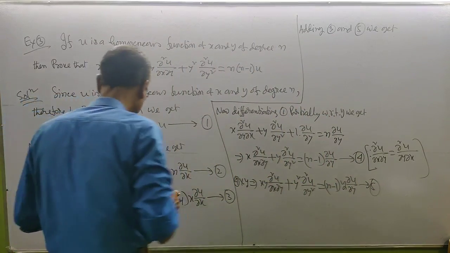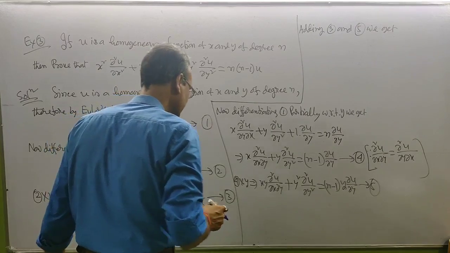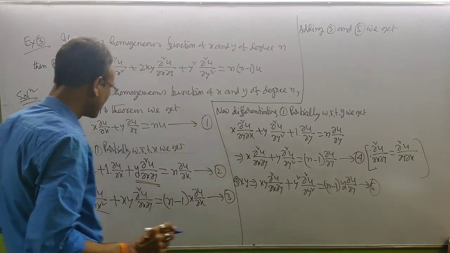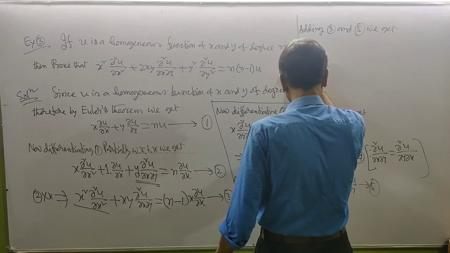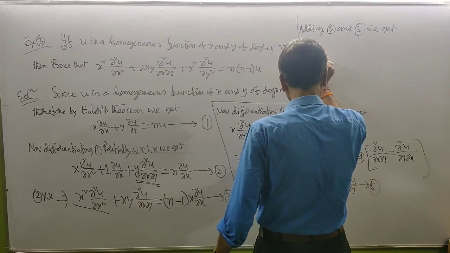You see, in the left hand side 4 terms are there. First write x square del 2 u by del x square.